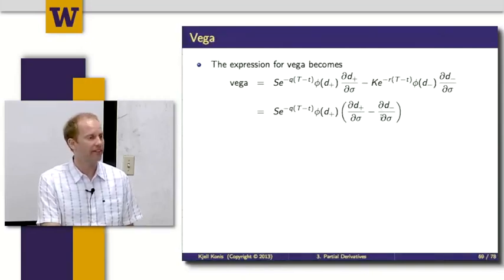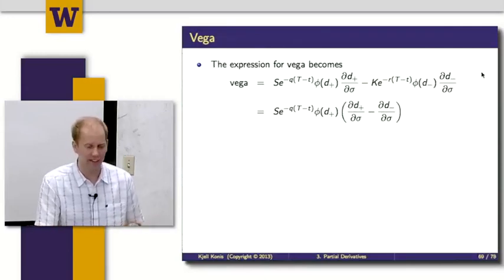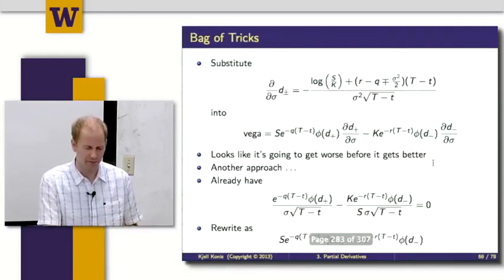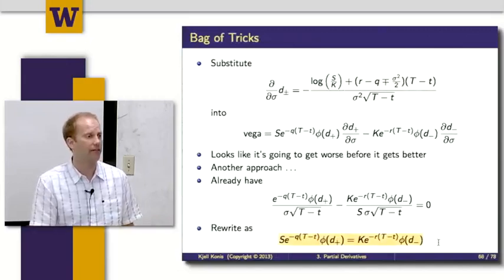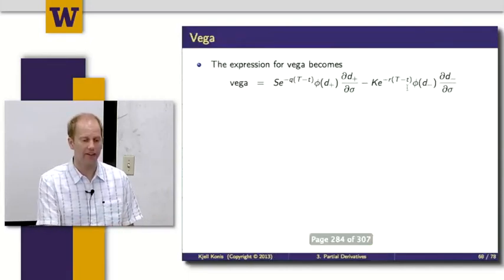And so now this is starting to look quite a bit better. And now the next big step that I can make, so was that clear? I guess I didn't mention one thing. So what I did to get that, I took the derivative of this expression here with respect to sigma. And that turns out to be exactly what this is.